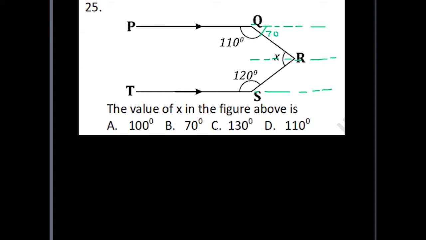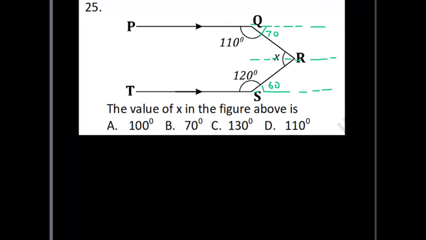The same thing with this one: if this is 120 degrees, the remaining angle is 60. Alternate angles are equal from angle theory.